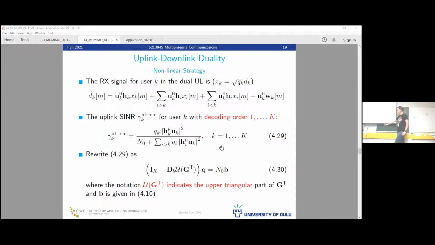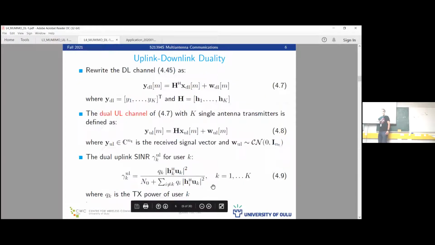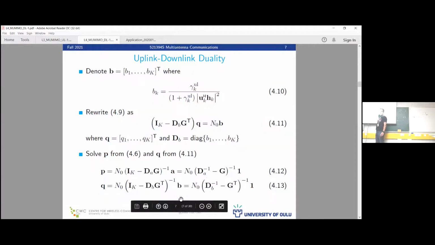There, the SINR formula of course contains interference from all other users except k, and this is with linear processing, not using successive interference cancelers. And then after doing the steps, we get this formula that includes all the SINR expressions, 4.11.